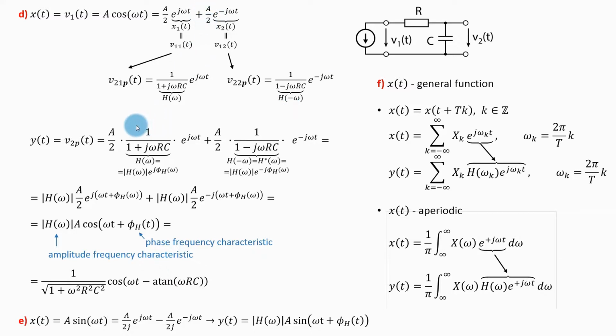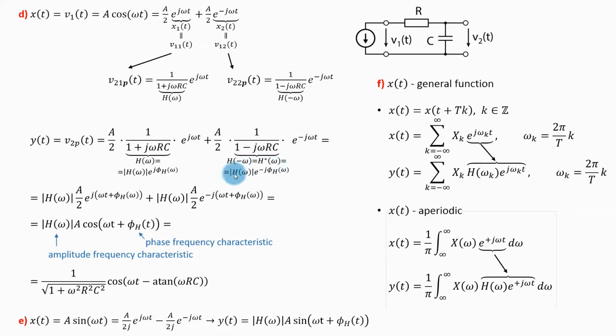Here you should note again that this is my frequency characteristic, which I can write in this polar form using its magnitude and phase. And this is also my frequency characteristic, except at negative frequency. But here I can use the symmetry in the CT-FT spectrum, and I can write that the value of this frequency characteristic is the complex conjugate of the frequency characteristic for the same positive frequency.